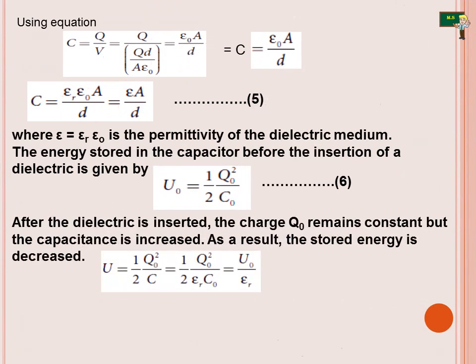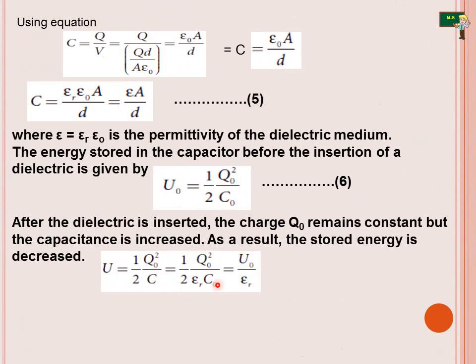Therefore, U is equal to 1 by 2 Q naught square divided by C, which is equal to 1 by 2 Q naught square divided by epsilon r into C naught. We change this C as epsilon r into C naught.